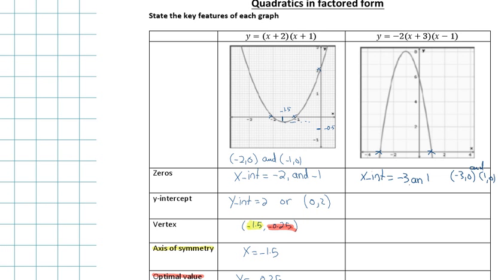The y-intercept is 6. So you write y-intercept equals 6, or you can write it as 0, comma 6.